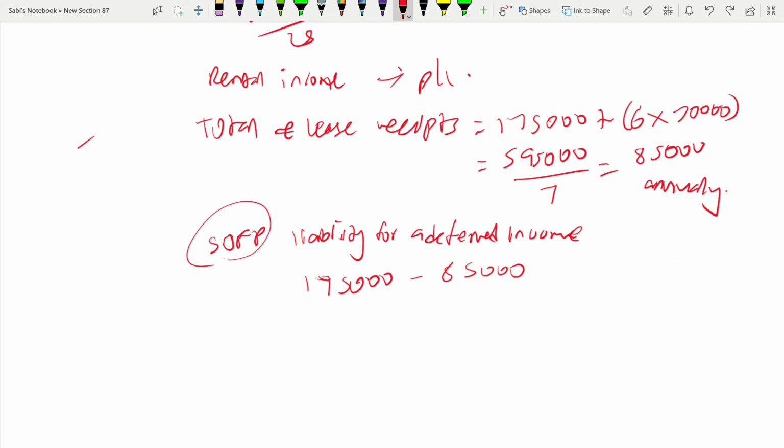So out of this total receipt, 85,000 you have to take out. 85,000 is your income, correct? This will go in your profit and loss. But as a liability, you have to deduct it from 175,000, which is 90,000. I hope you are able to understand this.